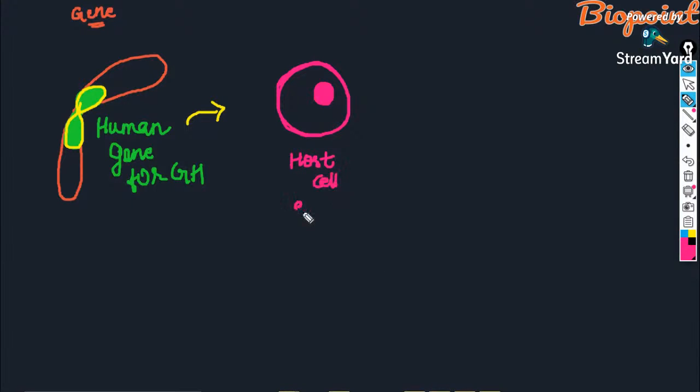And mainly, the host cell can be a stem cell that is capable of division. So I'm introducing this particular gene into this host cell. This is the gene over here. Is it clear?